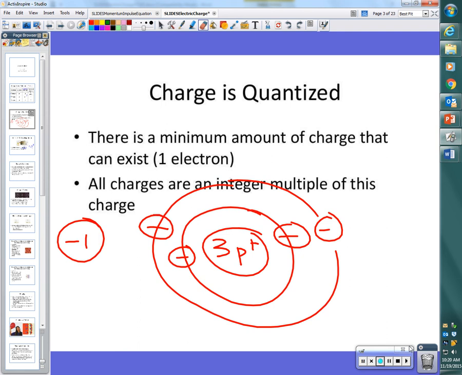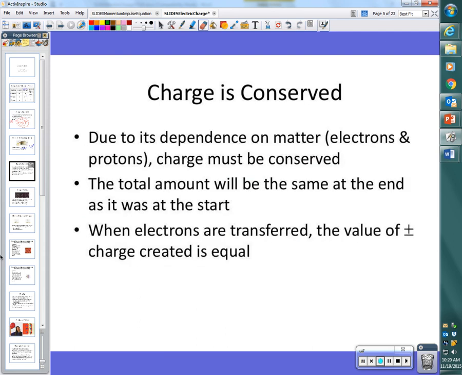I see where you're going with that, right? If this is -1 and it has more electrons than protons, if something has a +1 charge, it should have one more proton, then electrons, which is true. But we don't accomplish that by moving protons around, okay?